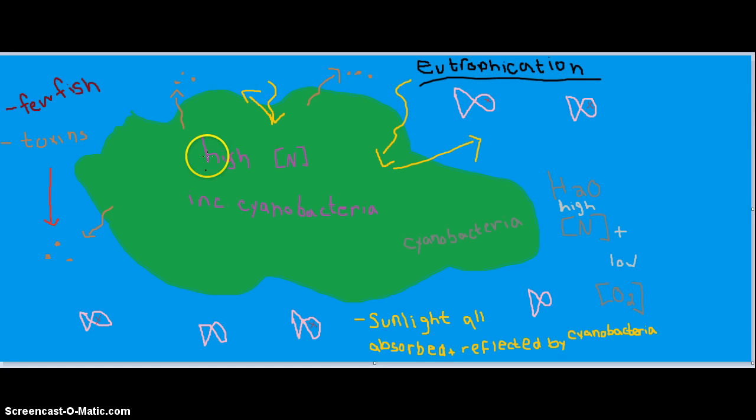With all the cyanobacteria and algae on top of the lake, less UV light is going to get absorbed by the photosynthetic plants at the bottom of the lake, because most of it is being taken in by the cyanobacteria or being reflected. So that's this part right here.